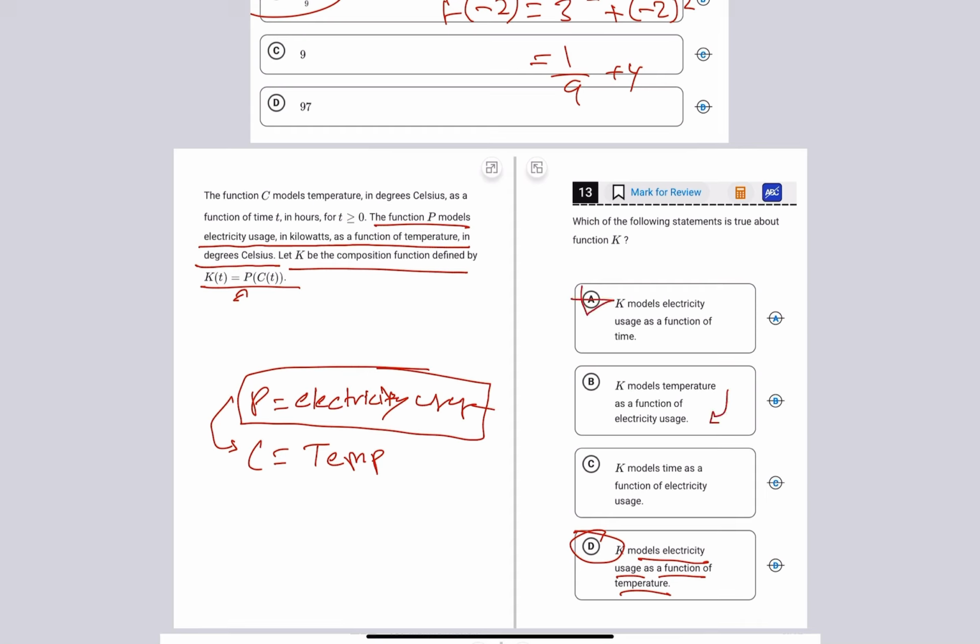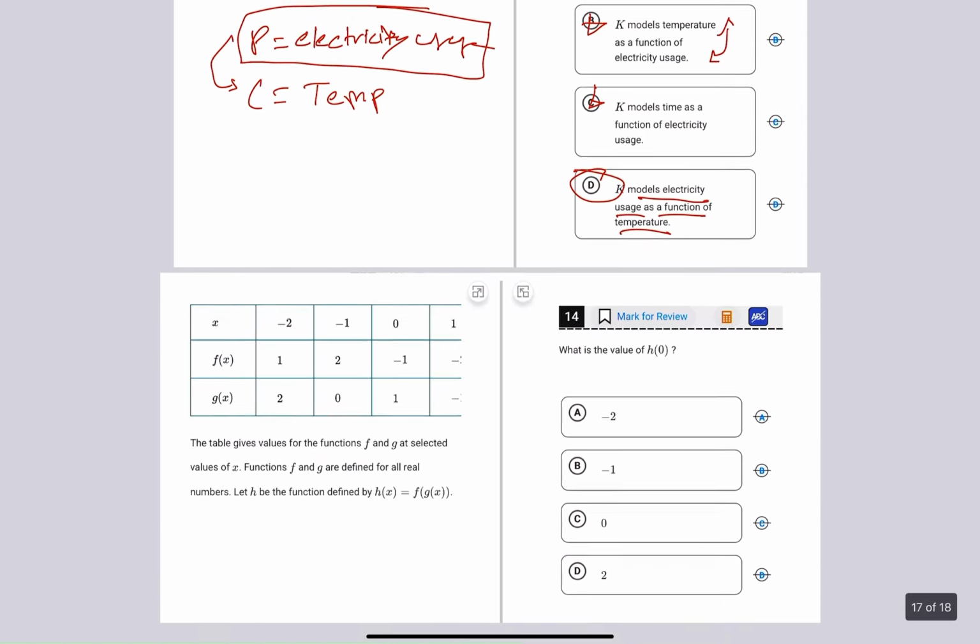And this is the other way around. So it's not c of p of t, right? It's p of c of t. So it models electricity usage as a function of temperature. And yeah, that's it.